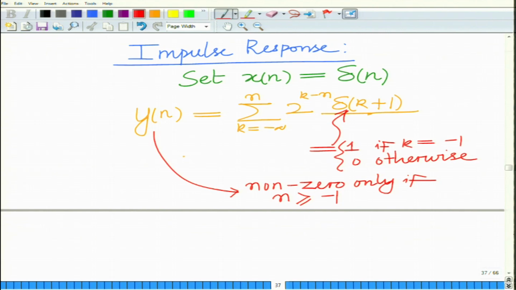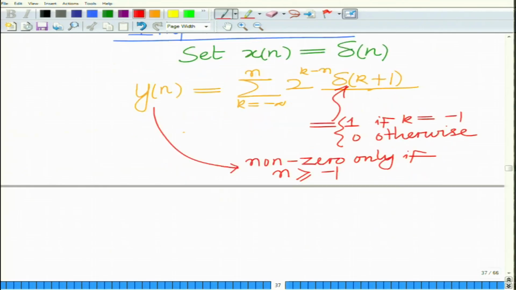For this summation to be non-zero, the index k must go from minus infinity to at least minus 1, because if n is less than minus 1, then this will be 0, since delta[k plus 1] will be 0 for all k less than minus 1. So this is non-zero only for n greater than or equal to minus 1.